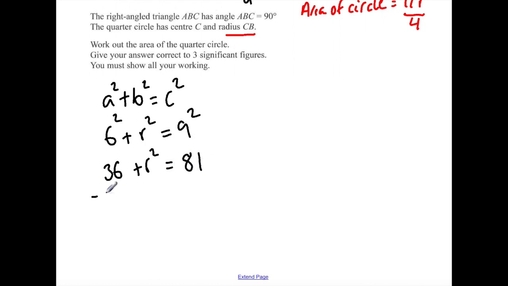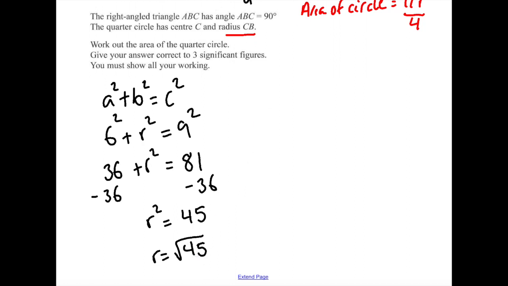Now I'm going to subtract 36 from both sides. So we have r squared is equal to 45. Now I want to isolate r by itself, so I'm going to square root both sides. So r is equal to the square root of 45. The value of r is square root 45.